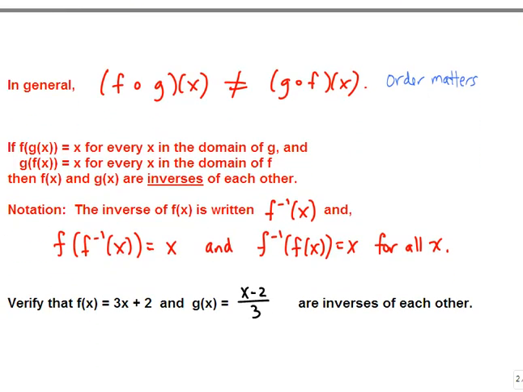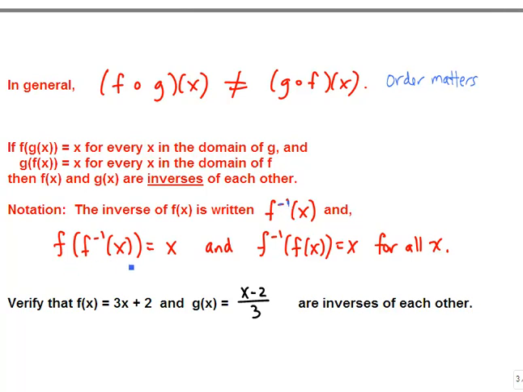So when you talk about inverses, you talk about the fact that a function composed with its inverse should give you back x. The notation that you see for an inverse function is your normal function notation, but then you'll see this little -1 written up in that sort of exponent area. It doesn't really mean an exponent, it's just the symbol that we use to represent an inverse function.